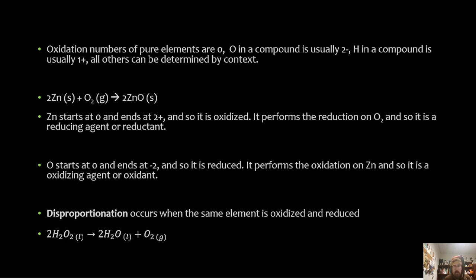But in this case, hydrogen peroxide: oxygen goes up from -1 to 0, and oxygen goes down from -1 to -2. So half of the oxygens go up, half of the oxygens go down, and so oxygen is both the oxidizing and reducing agent. Makes it a little bit tricky sometimes.